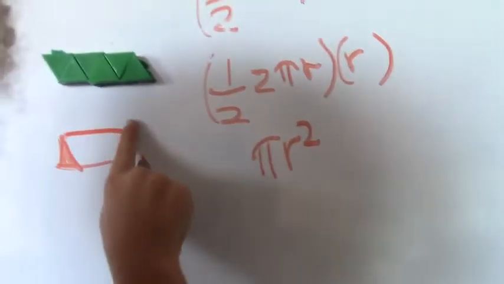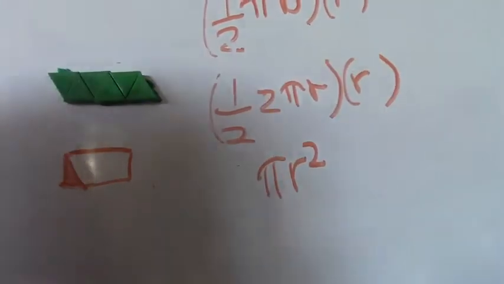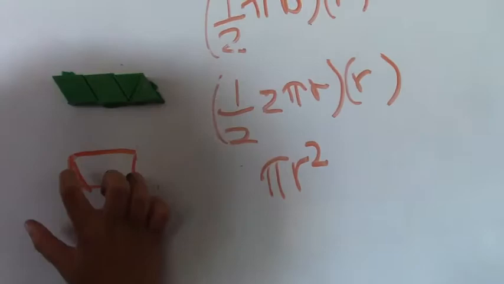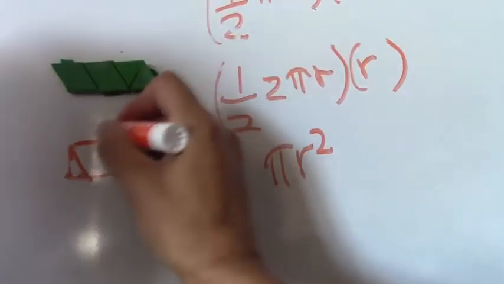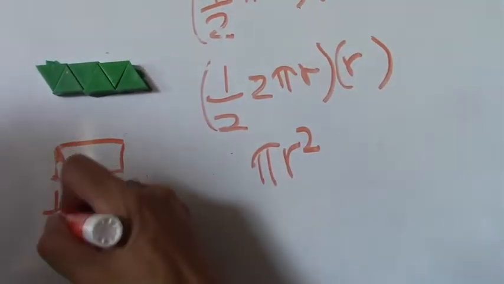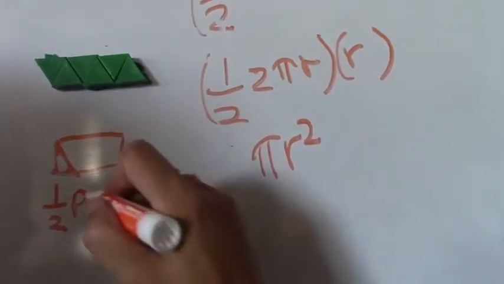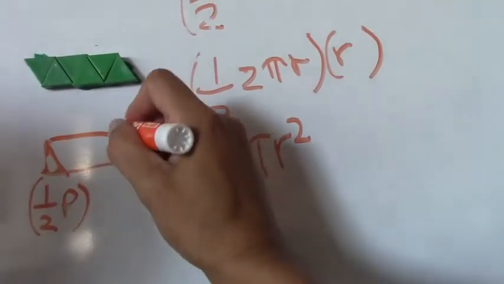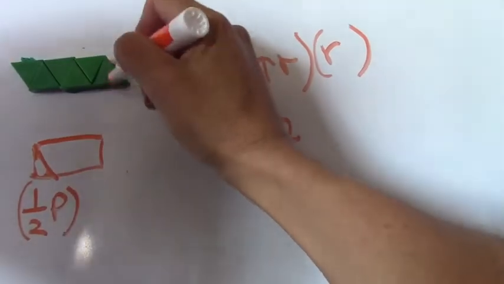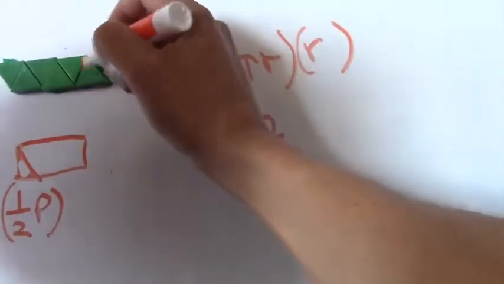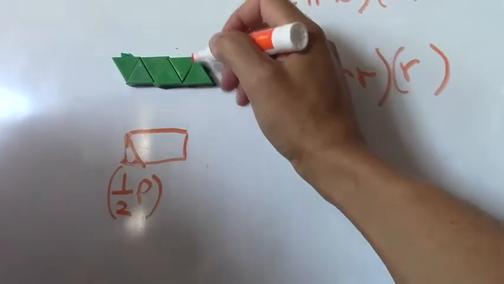A rectangle, not a triangle. Right. Okay, so then what I did, what's this distance over here? This would be half the base, or half the perimeter, times the what? What's it called in a rectangle? Oh, you're getting ahead of the game. What's it called on a triangle? Over here, what's it called?